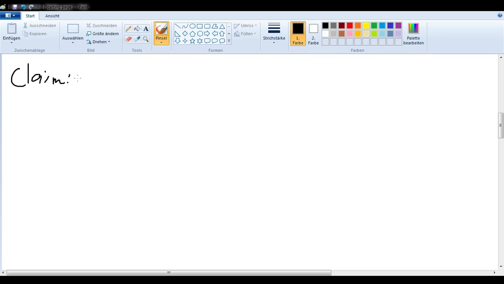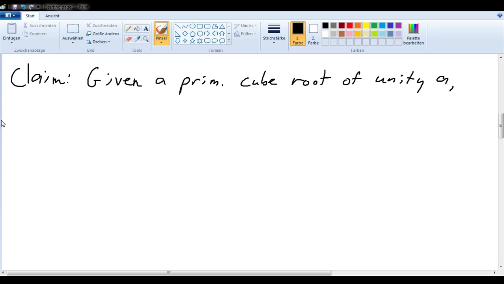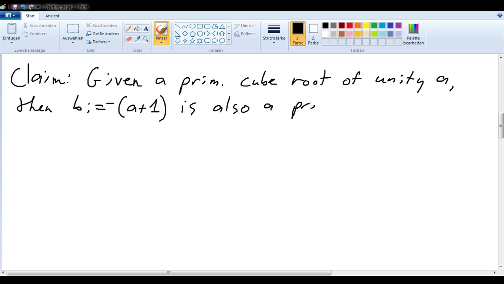My claim is that given a primitive cube root of unity A, then B, which we'll define as being A plus 1 flipped about 0, is also a primitive cube root of unity.